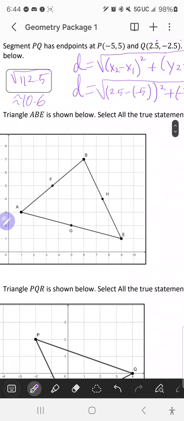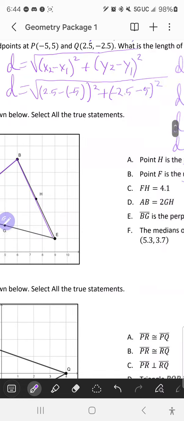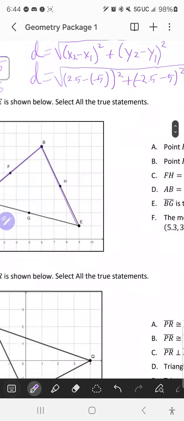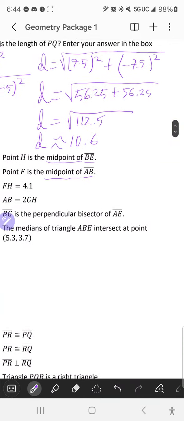It appears to be the midpoint, but we can never assume that it is without calculating. So we need to calculate the midpoint of AB and the midpoint of BE. So let's do it.